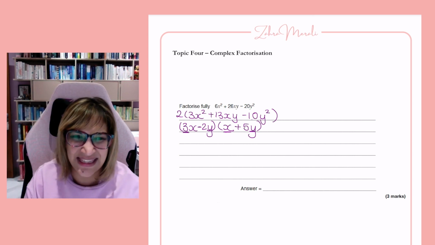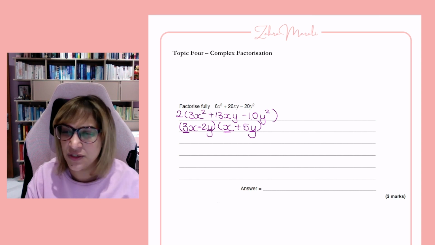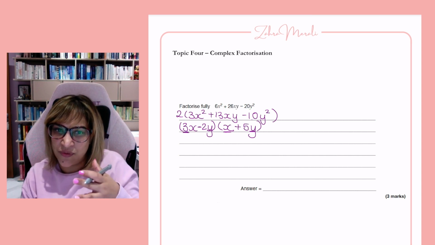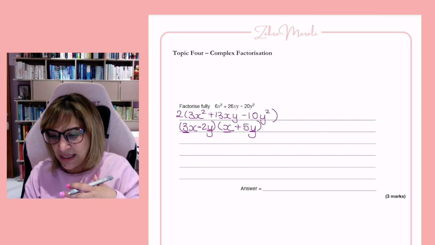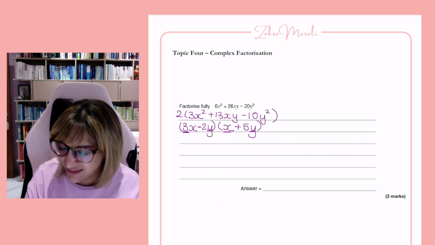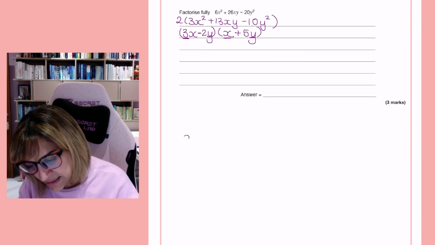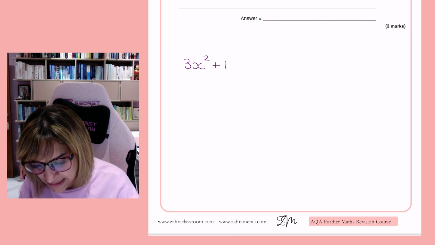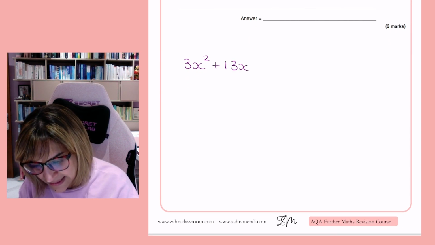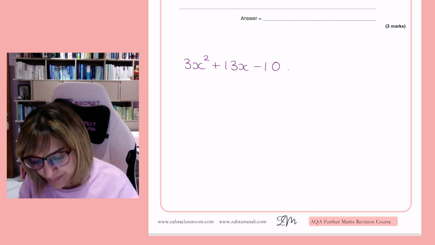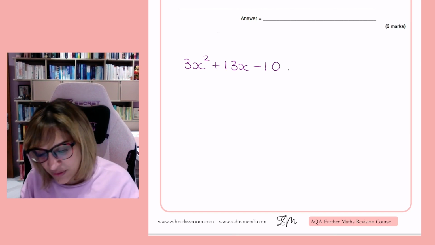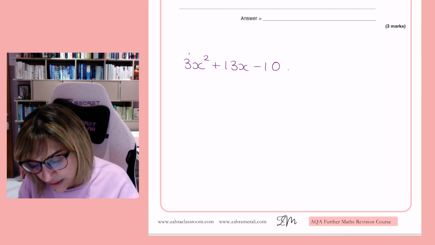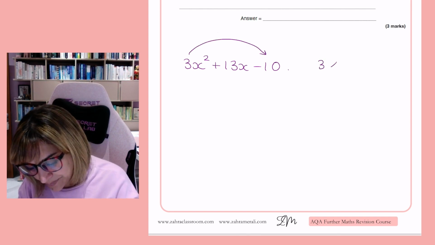Another way that you can do this is you can remove the x or the y, as long as you put it back again. So for example, if it's easier for you, say I had 3x squared plus 13x minus 10. I know that you might use the method where you do 3 times minus 10 and you get minus 30.